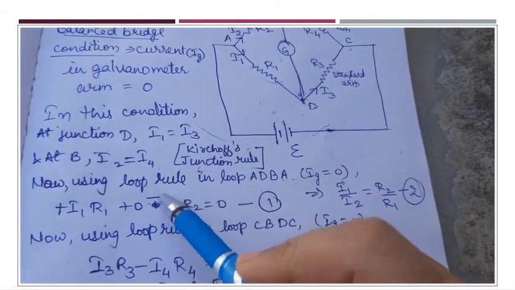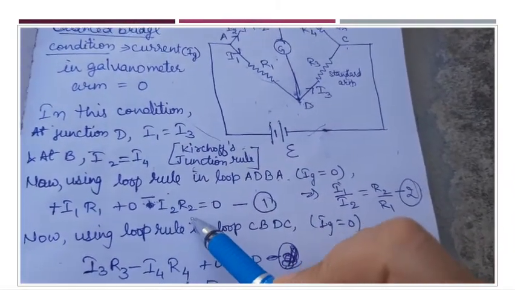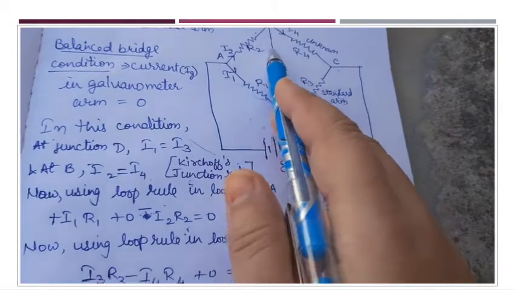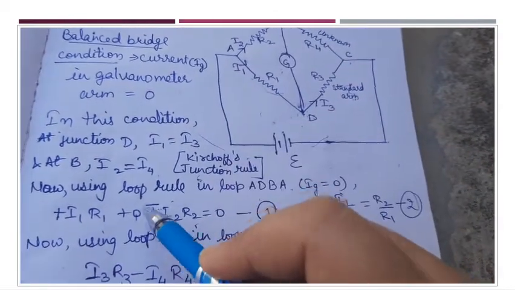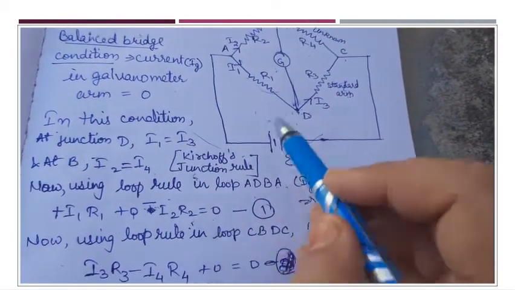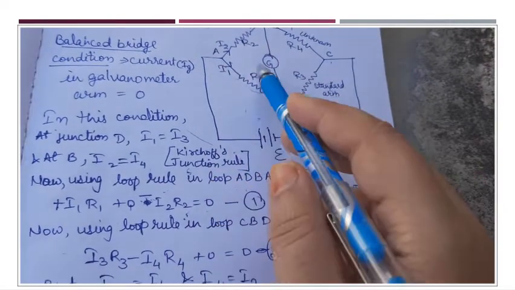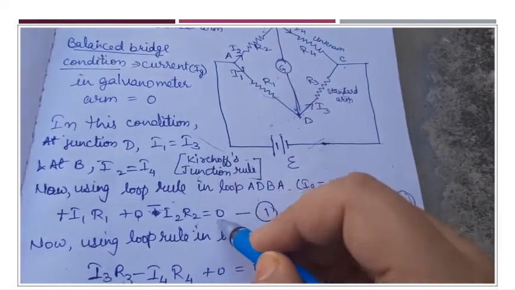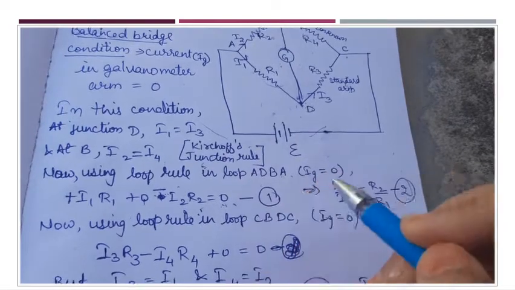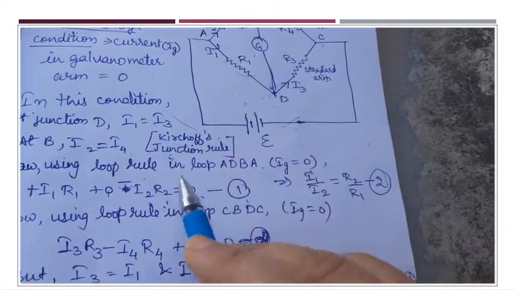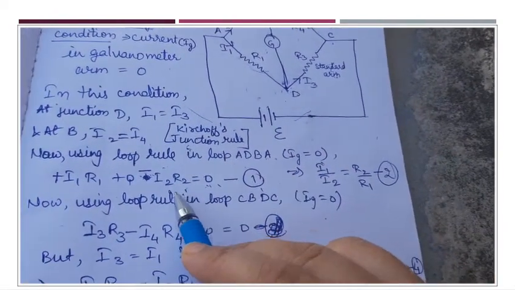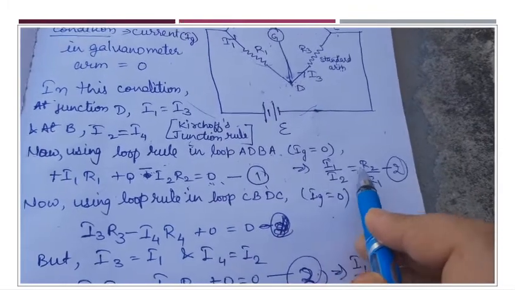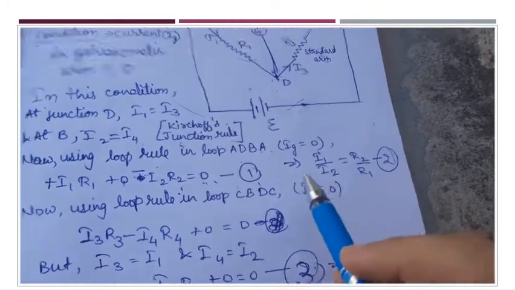And I2 is in the clockwise direction. According to our convention, we take it negative: minus I2 R2. For the third arm, the current is 0, that's why 0. It is equal to zero because there is no battery, no EMF present in this particular loop. If I solve the equation and transfer terms to the other side, I get I1 by I2 equal to R2 by R1.